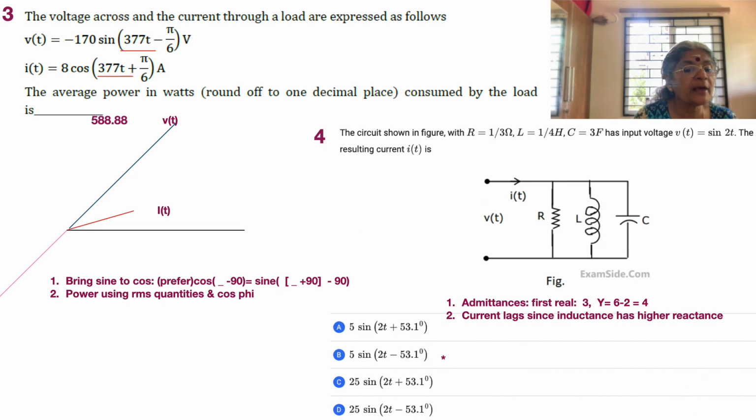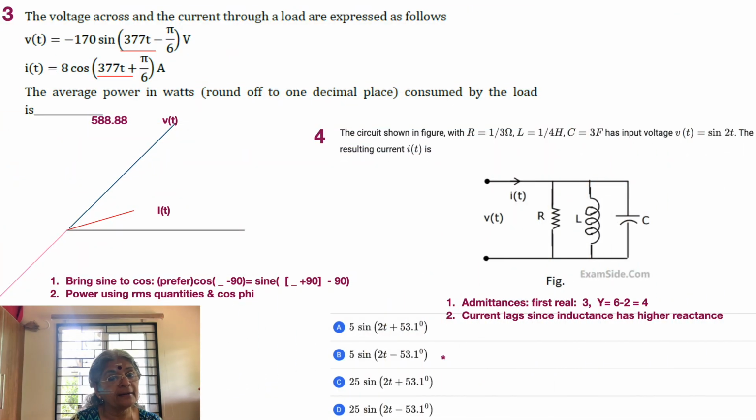Pi by 2 is already taken into consideration. Minus pi by 2 means that, with pi by 6 being 30, minus 90, you get minus 120. As shown by the red line here, we have the voltage now lagging by 120 degrees. The negative value can be reflected and taken to the other side. Why, we'll see soon enough.